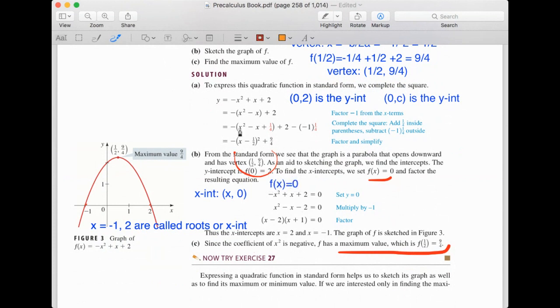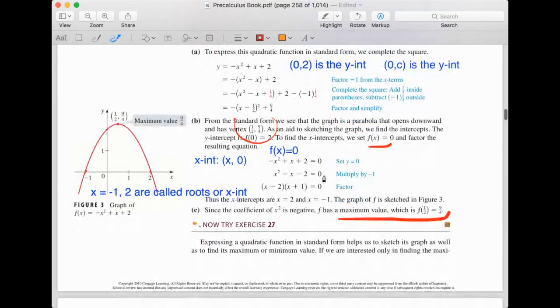F of x is negative x squared plus x plus 2. So negative x squared plus x plus 2 equals 0. Now we solve this quadratic equation. We don't like negative 1 before x squared, so let's multiply every term by negative 1. The first term becomes positive, those two terms become negative, and 0 multiplied by negative 1 stays 0. Now we can factor this as x minus 2, x plus 1.